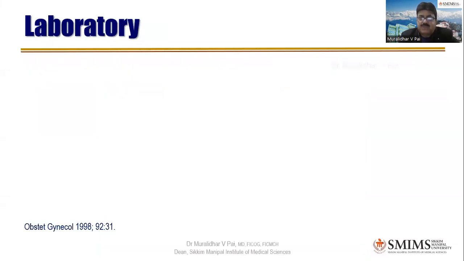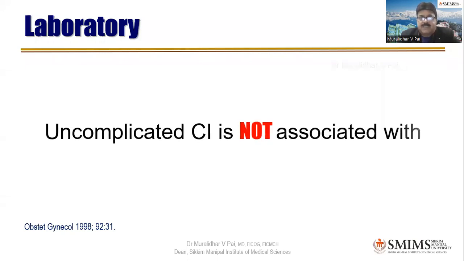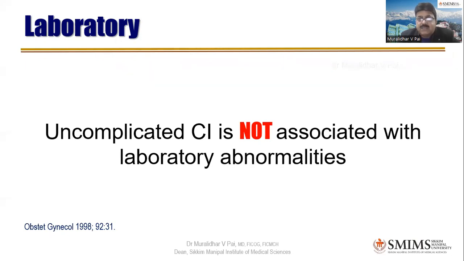What about lab values? In preterm labor, we say you estimate fibronectin, CRP, the WBCs and all those things. But as far as cervical incompetency or insufficiency is concerned, uncomplicated cervical insufficiency is not associated with lab abnormalities.